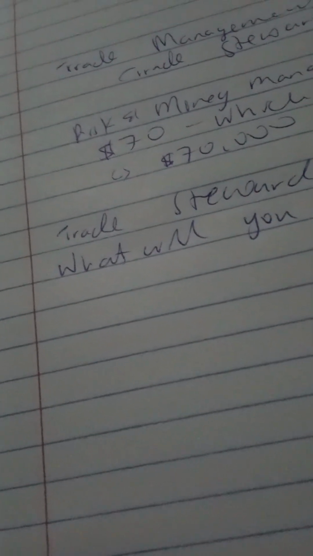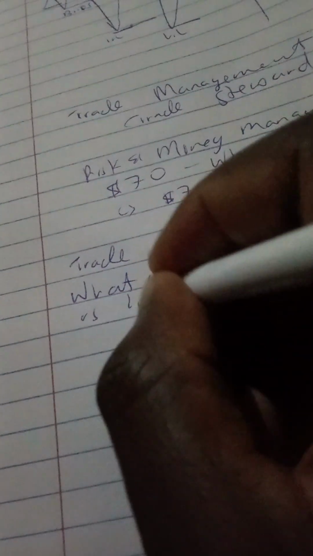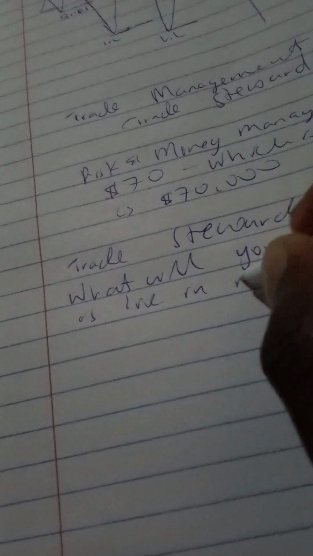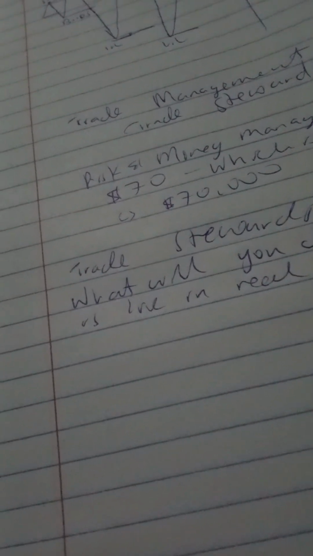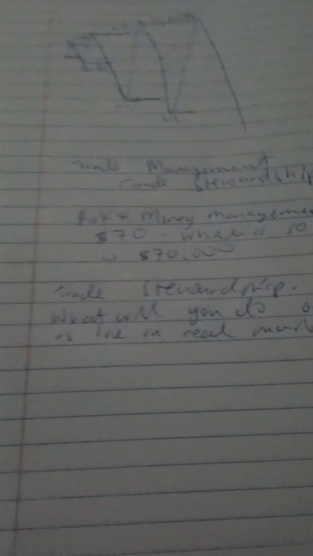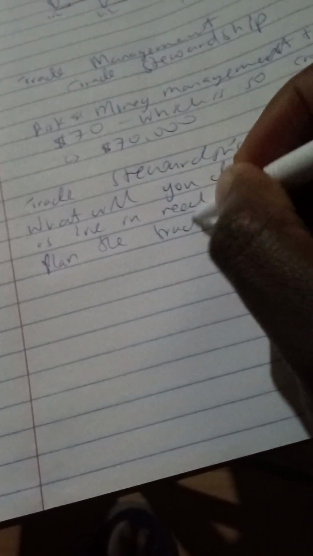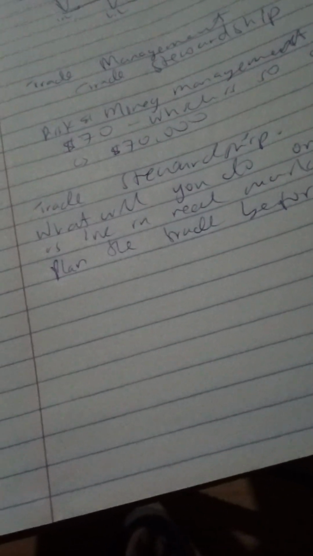Once a trade idea is alive in real market conditions, what will you do now? Here's the thing. I've come to understand to plan the trade before taking the trade. Plan the trade before taking the trade is really cool.